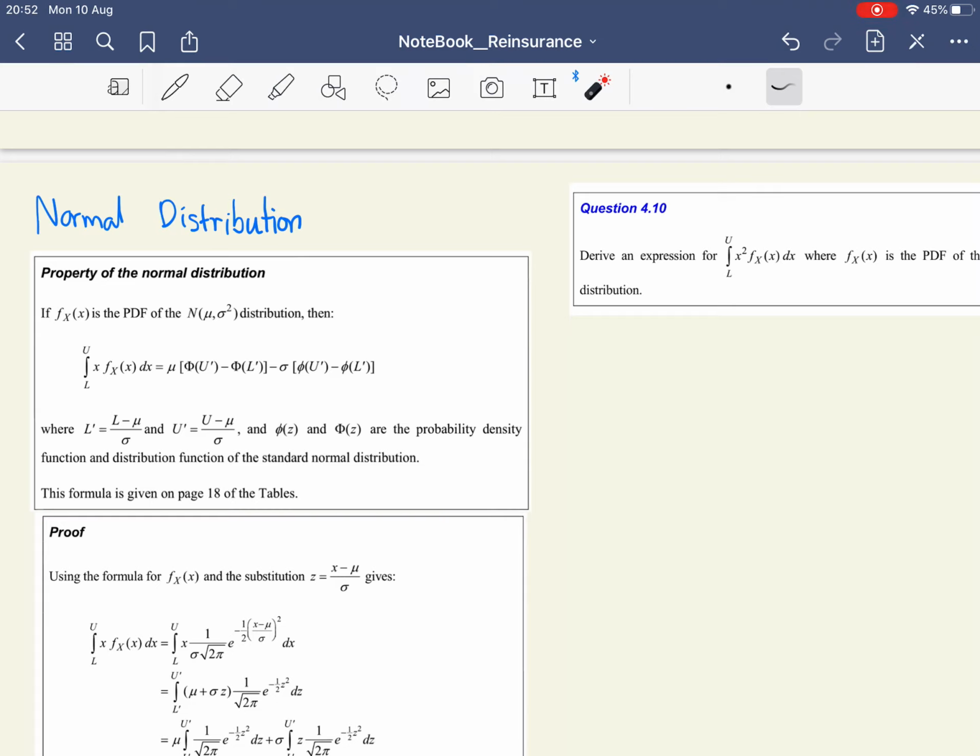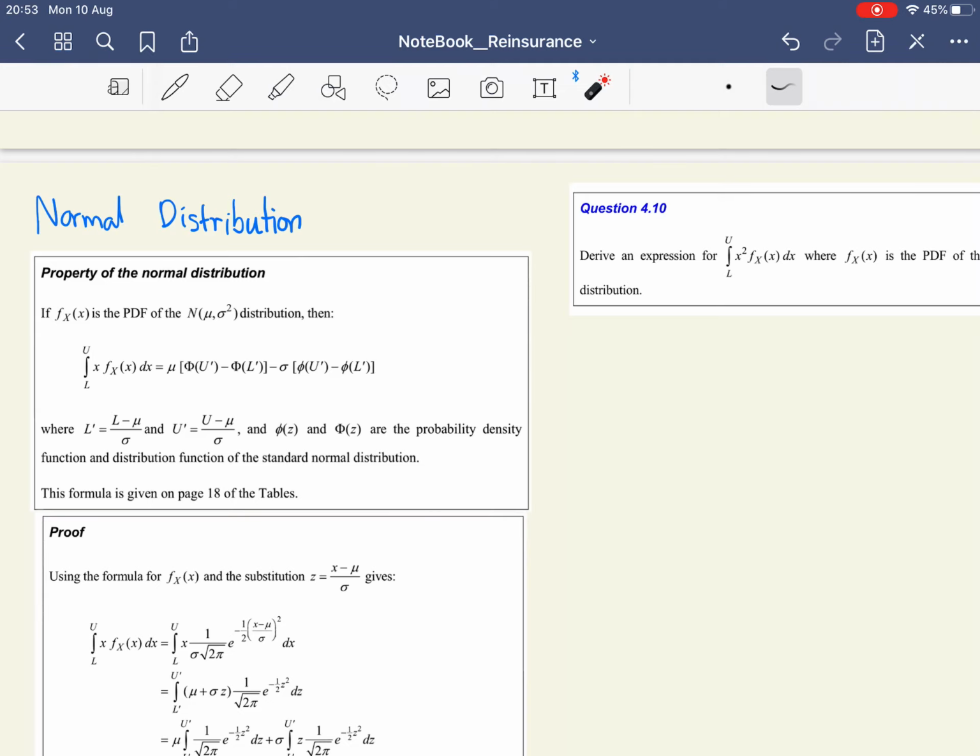Something you need to be careful about here is that there are two types of phi function: the lowercase phi function and the uppercase phi function. The lowercase is where you plug this number into the probability density function of the normal distribution. So it's the PDF, but this one is the CDF. It's the area under the curve.